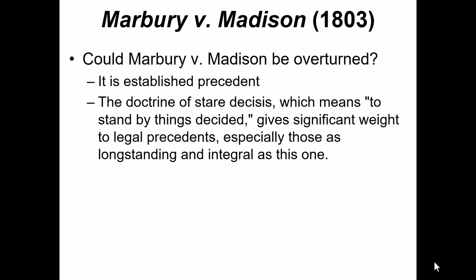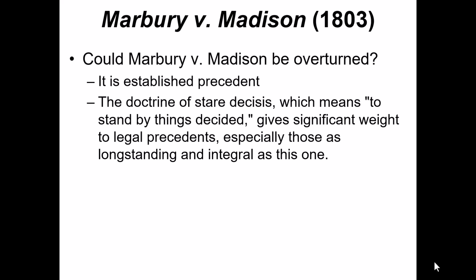Now, one thing that's been asked is, could Marbury versus Madison be overturned? It could. It is a well-established precedent. And this doctrine of stare decisis, which means to stand by things decided, gives significant weight to legal precedents, especially those as long-standing and integral as this one.